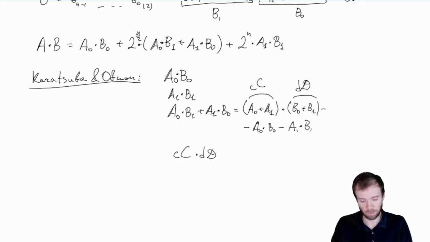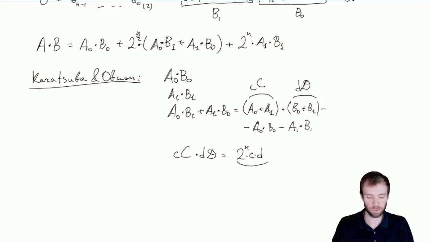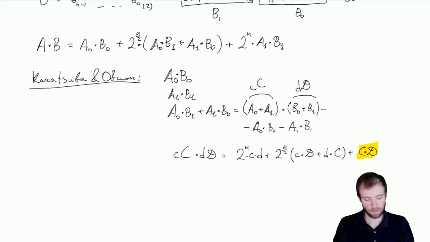capital C times capital D is 2 to the power of n times c d. This is just a product of 2 bits padded properly, plus 2 to the power of n over 2 times (c times D plus d times capital C), and plus the product of the lower parts. So this is a product of two n over 2-bit numbers, so we need T of n over 2 operations to compute it.